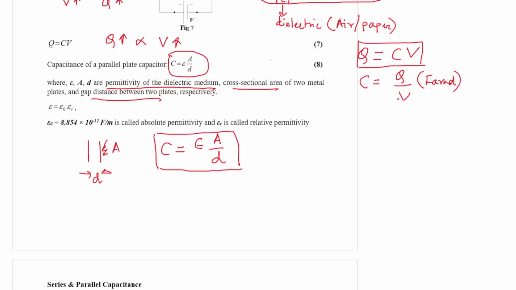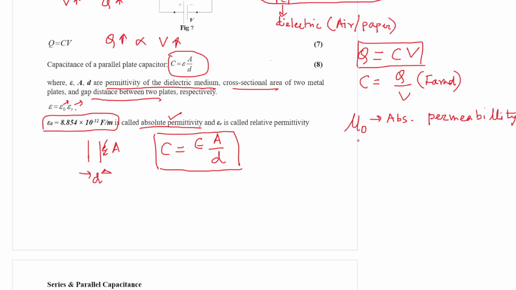Now what is epsilon? Epsilon has two components. One is epsilon naught, another one is epsilon r. Epsilon naught is 8.854 into 10 to the power minus 12 farad per meter. It is called absolute permittivity. Now in case of a magnetic circuit, we have seen mu naught, which was absolute permeability.